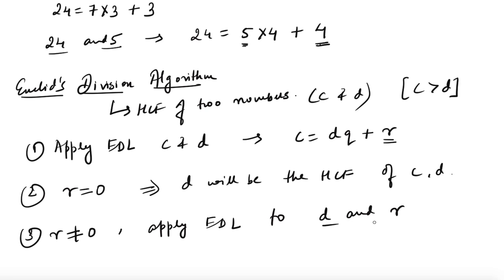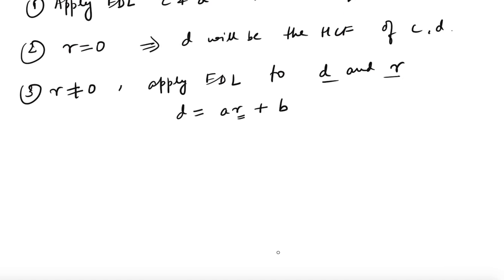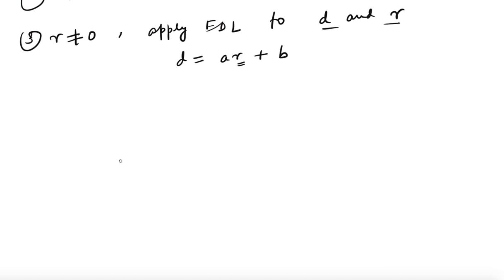Now again you have two positive integers D and r, so you can write D equals some a times r plus b. And if b is now equal to 0, then you can say r is your HCF. If b is not equal to 0, again you have to proceed further and apply Euclid's division lemma in the next set of steps. Let us take some example to understand how this works. Say the two numbers are 148 and 32.